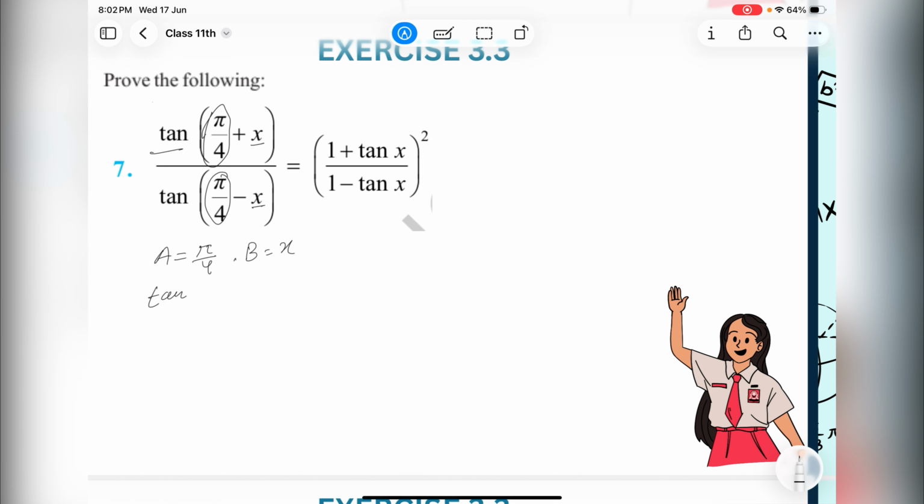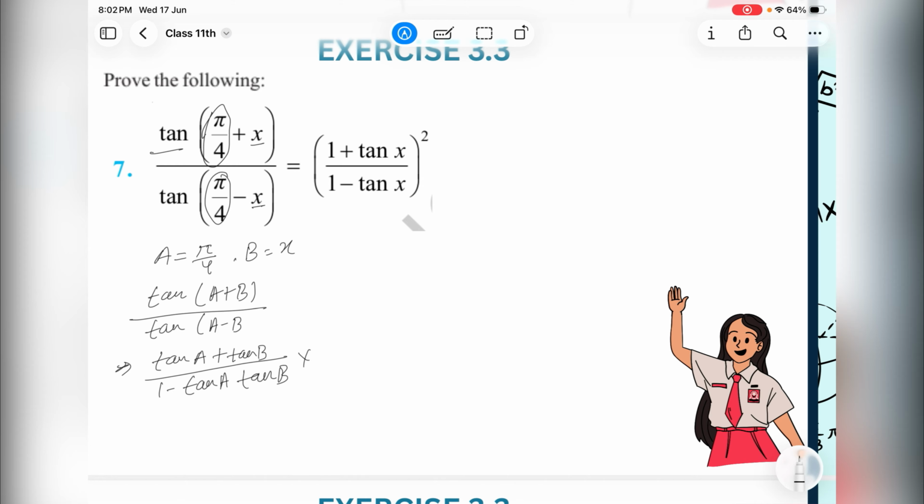So we can write tan(a+b) upon tan(a-b), right? So we know the expanded form for tan(a+b), that is tan a plus tan b upon 1 minus tan a tan b.